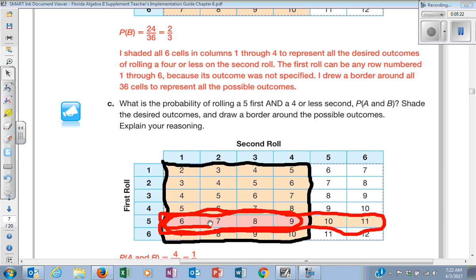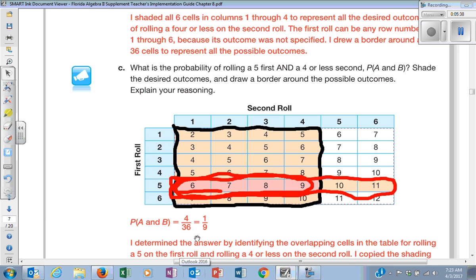How many of them meet that criteria? 1, 2, 3, 4 of them meet that criteria out of how many total outcomes for this one now, Will? This is the and. There are 36. 4 out of 36, which reduces to 1/9.